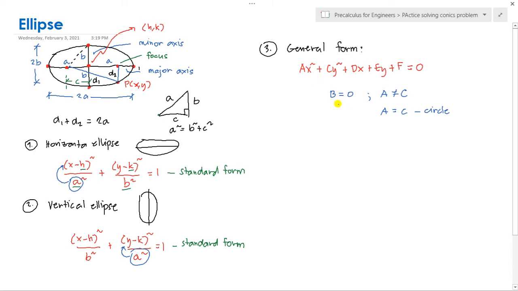Again, for all conics in which their axes are parallel, either sa x or sa y, b is automatic 0.